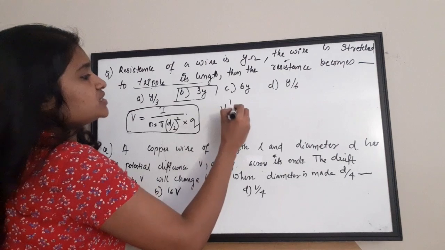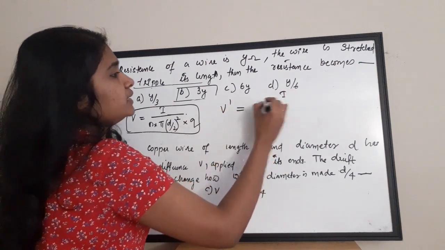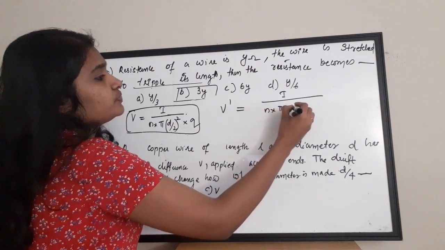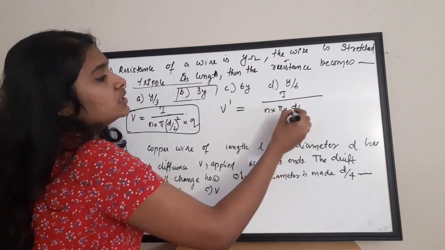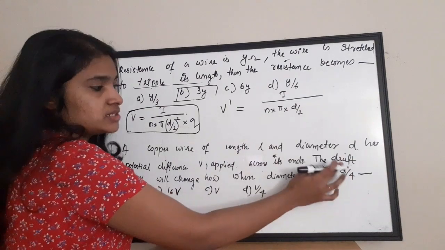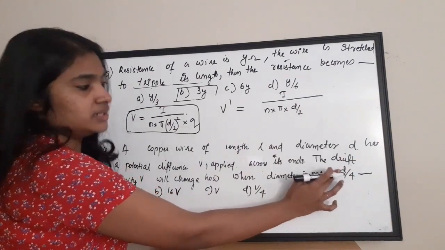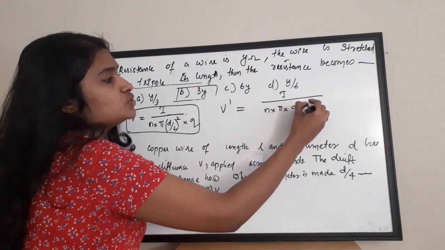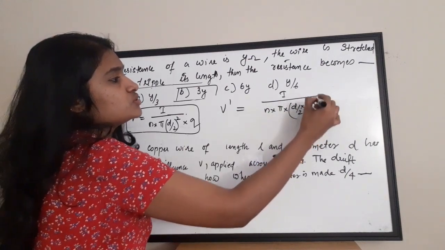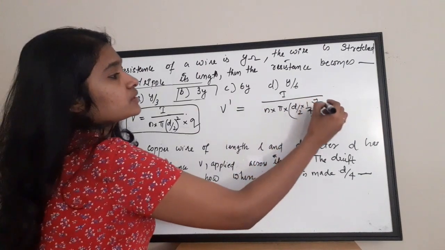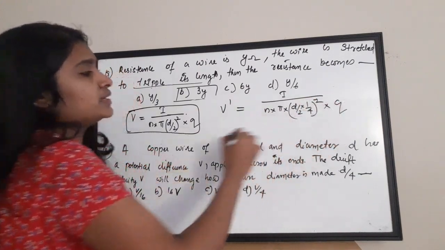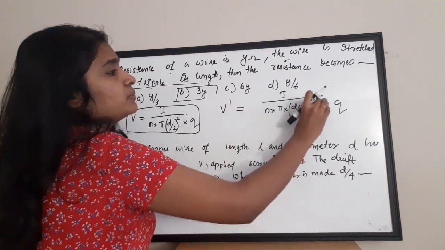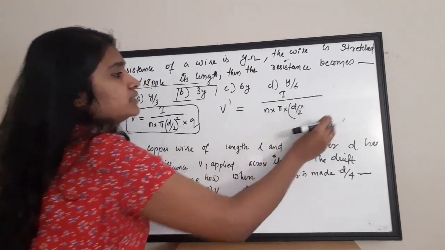So V dash is equal to I by N into pi into D by 2 is made D by 4, that is, the diameter is changed to D by 4, so into 1 by 4 square into Q. I'll take this 1 by 4 square outside.